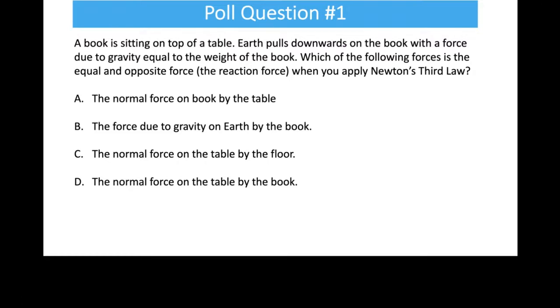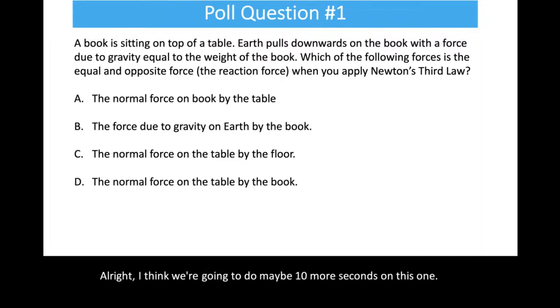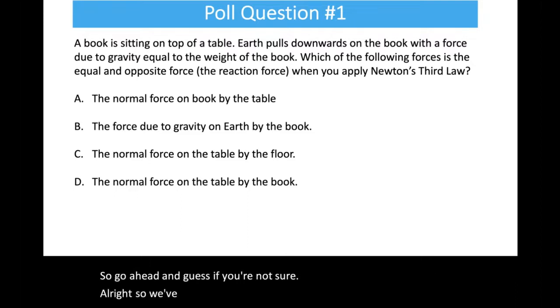All right, I think we're going to do maybe 10 more seconds on this one. So go ahead and guess if you're not sure. All right, so we've got 5, 4, 3, 2, 1.